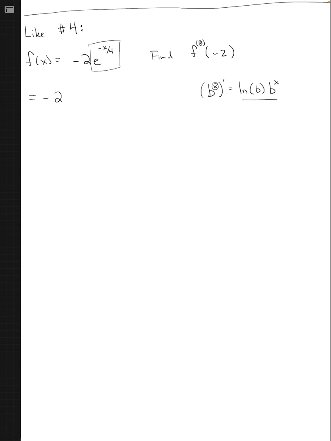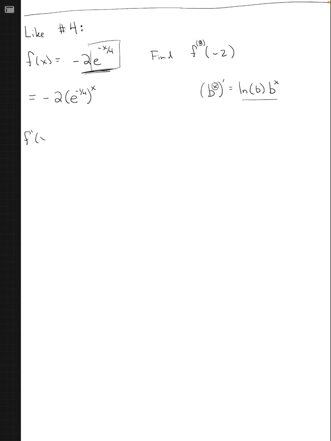So I'm going to rewrite this to be e to the negative 1/4, then to the x, right? That's how exponent rules work. Those are some of our basic algebraic rules. So this is something that we can take the derivative of before we learn about the chain rule. We can take the derivative of this with the chain rule, but the way I intended this to go, right?